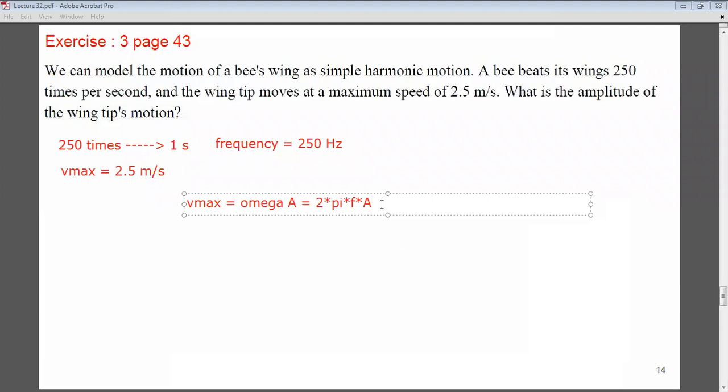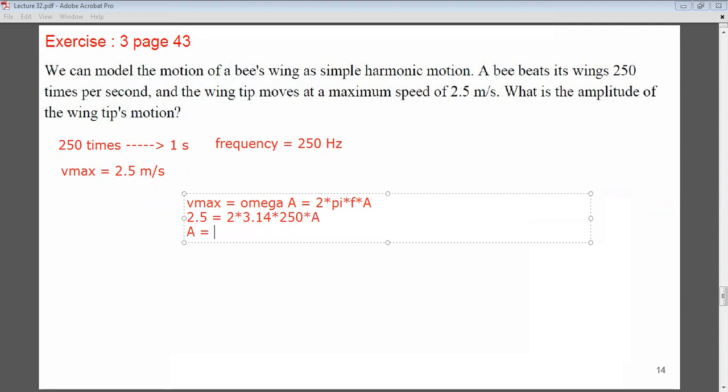V maximum is 2.5, and this equals 2 times pi, which is 3.14, times the frequency, which is 250, times the amplitude.